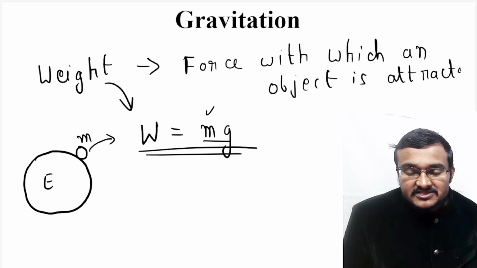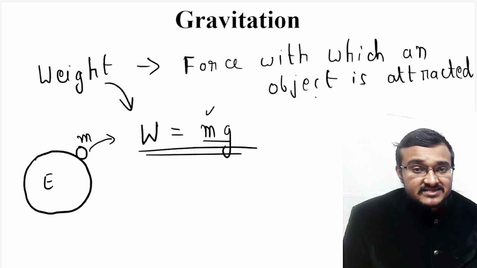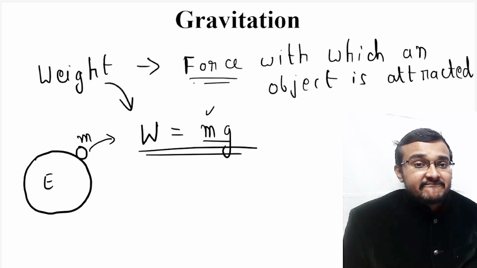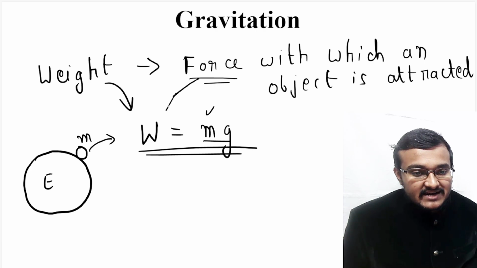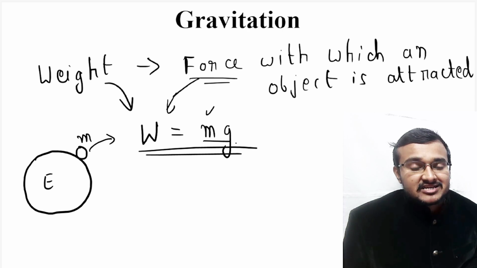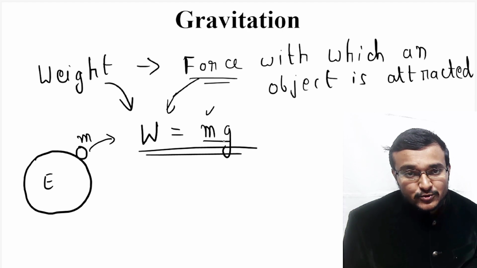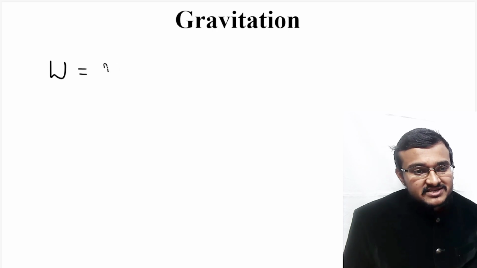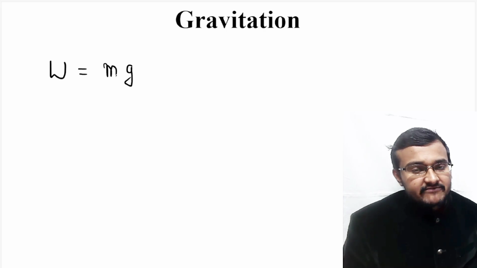Because of the gravitational force of Earth, the object is attracted towards Earth, and the amount of force which that object experiences because of this gravitational force is known as the weight of that object. That weight W is given as mass times acceleration due to gravity. So in order to calculate the weight of an object on Earth, you can just multiply the mass of the object with the acceleration due to gravity. You will get the weight of that object on Earth's surface.